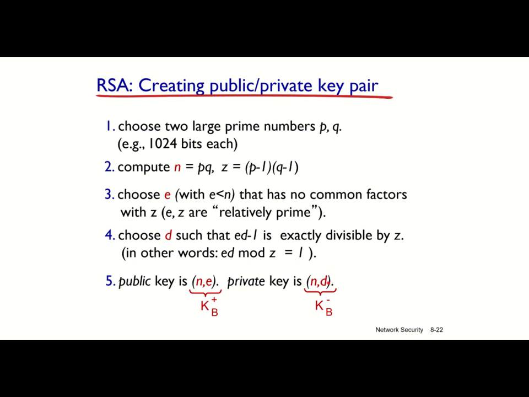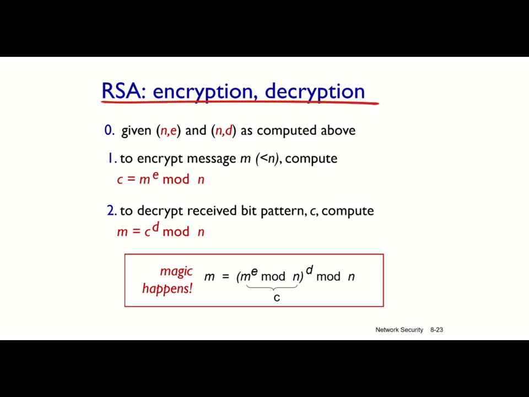n and d. Next I'll tell you how we can create the encryption and decryption functions based on these two ordered pairs. In order to encrypt a message m, which has to be less than n, we simply need to calculate m to the power e mod n.